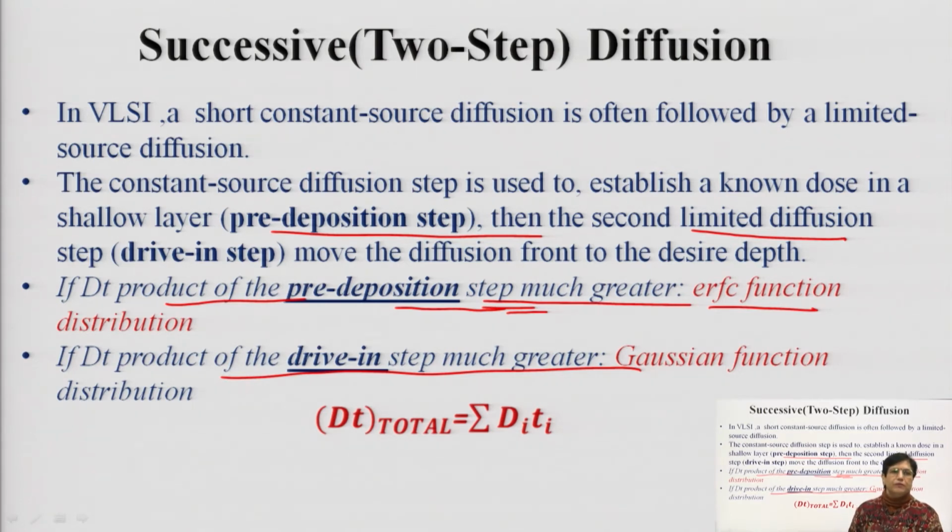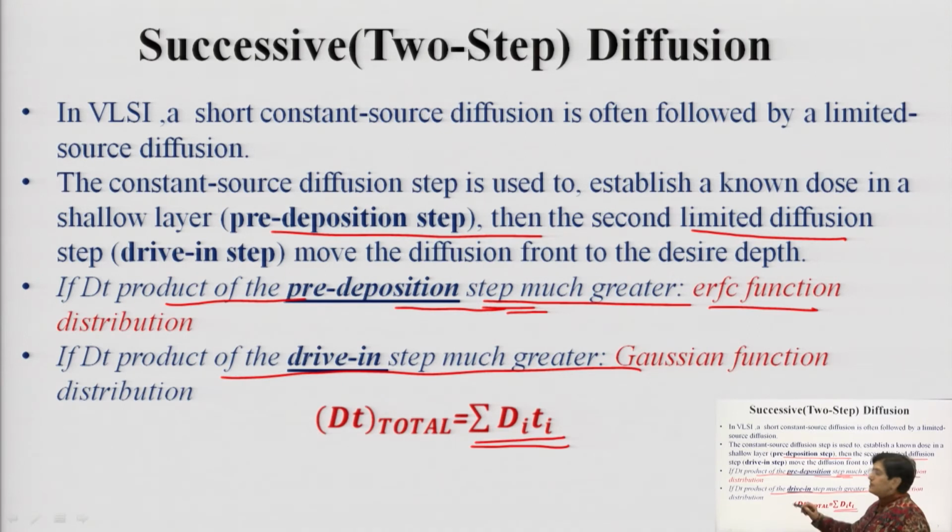When I told you that initially we go for pre-deposition and then drive-in, the total junction depth, which is a function of Dt, is calculated by estimating the individual values of D and t, that is, the summation of Di ti.